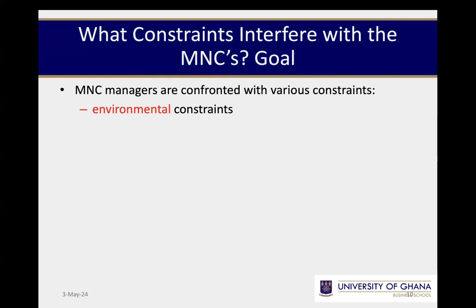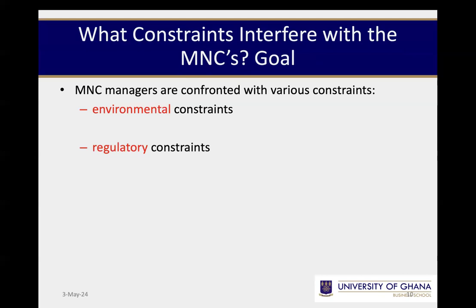We actually have the issue of environmental constraints. With the environmental constraints, we are looking at the fact that at any point in time, you could have challenges within the particular environment, whether in terms of the cultural setting, etc., that could be a constraining factor to the achievement of the goal of wealth maximization.